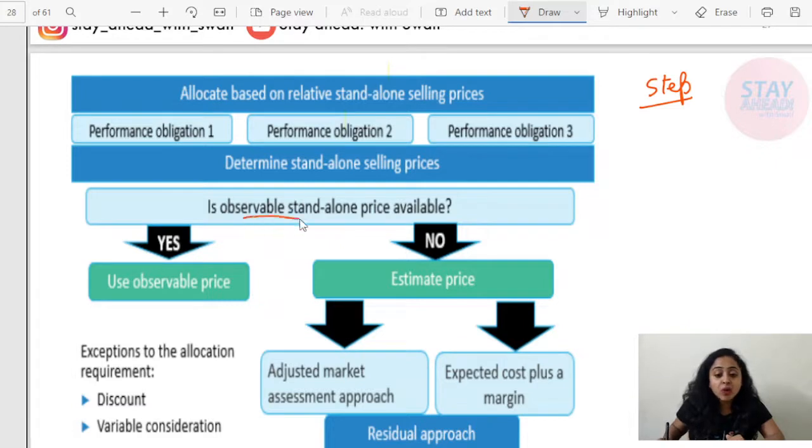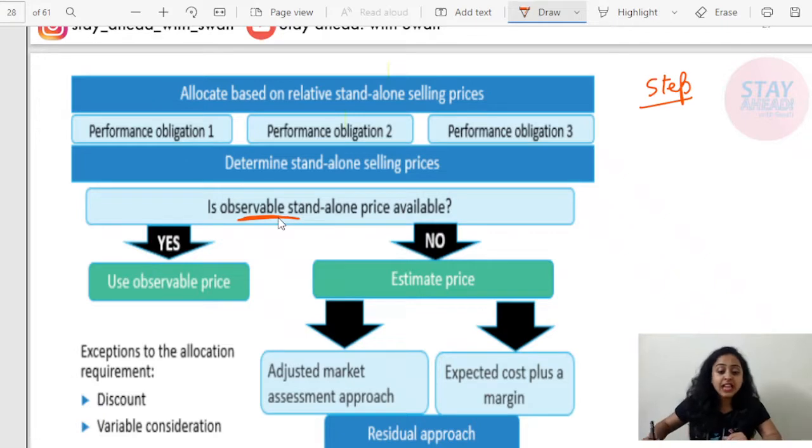If it is directly observable, for example, there are 5 products, and product A has a separate transaction price, since it is directly observable it will be charged with that particular transaction price. But if it is not observable, then you will have to apply some techniques.